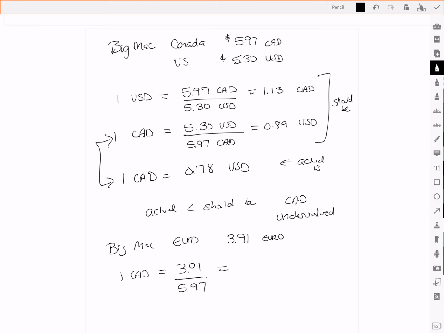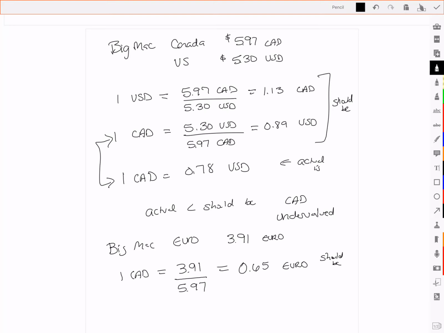And we do that calculation, 3.91 divided by 5.97, and you get 0.6549. So 1 Canadian dollar should be worth 0.65 euros.